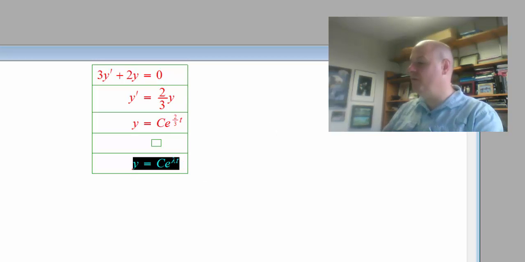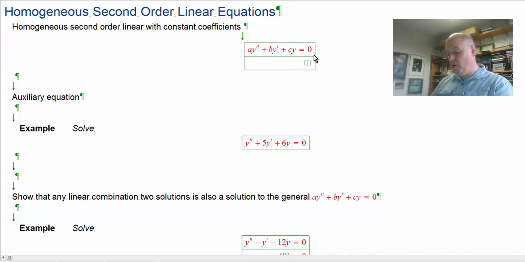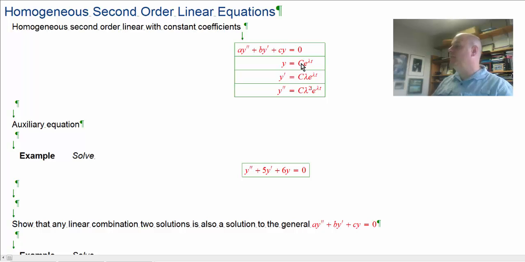So let's take this idea, that solutions are of this form, and go back to our second order linear constant coefficient equation. If I propose solutions of this form, I can sub this into the left hand side, and in order to do that I'm going to need y prime. I'm going to need the first derivative and the second derivative.